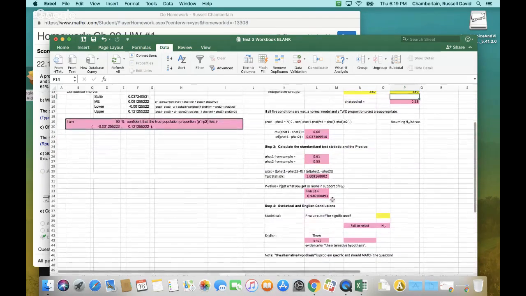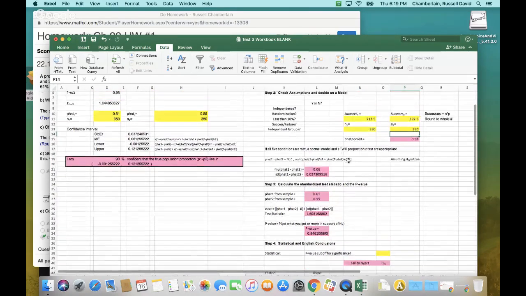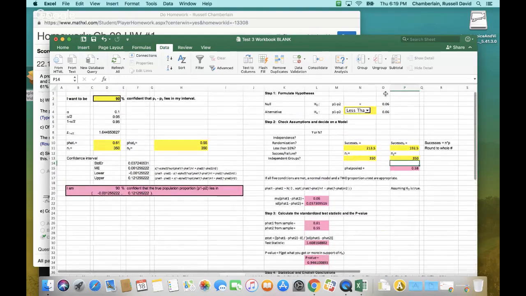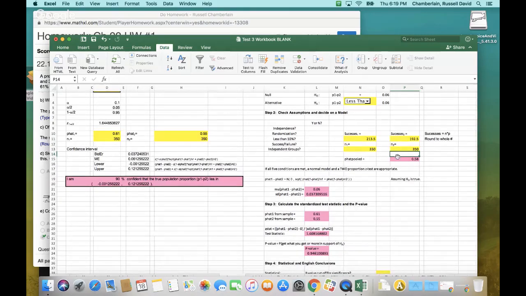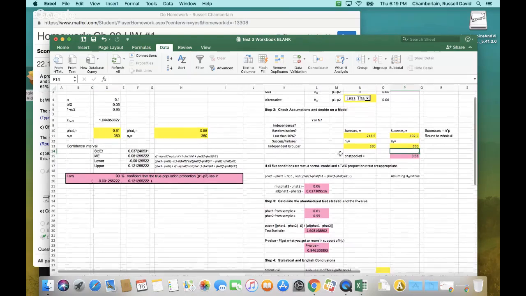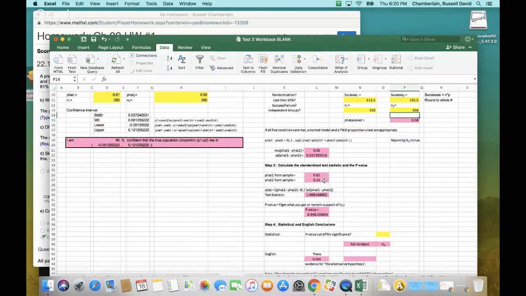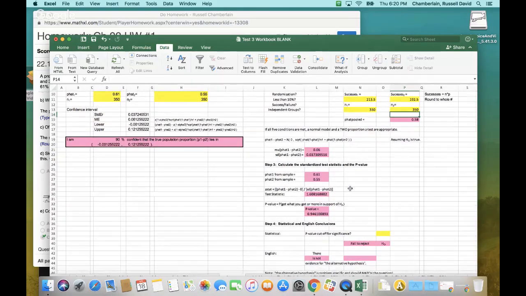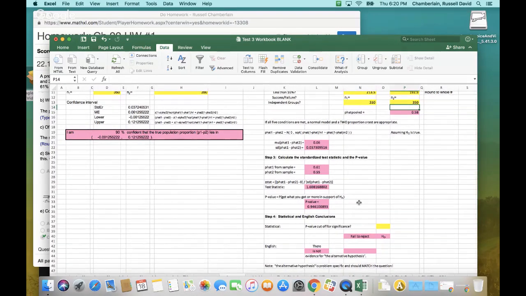Oh yeah, not quite all, right? Because I have to fill in less than, successes, p hat pooled. P hat from sample. That p-value is weird to me.